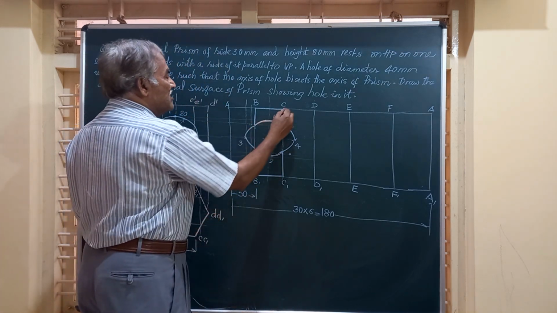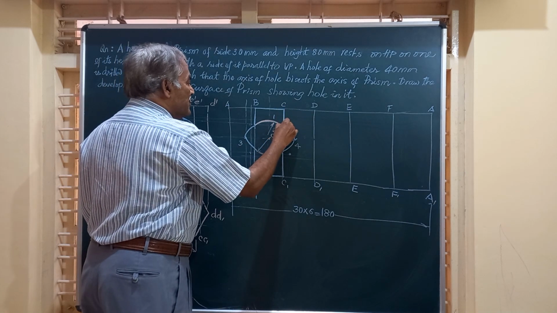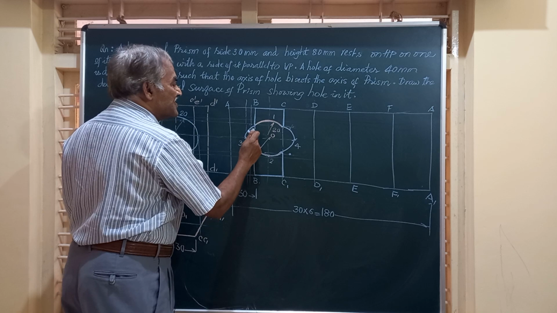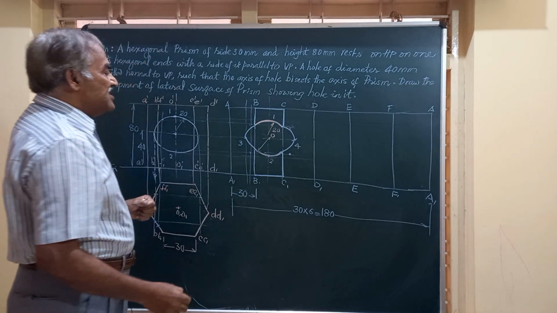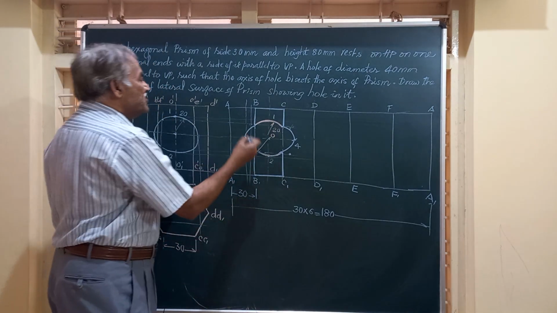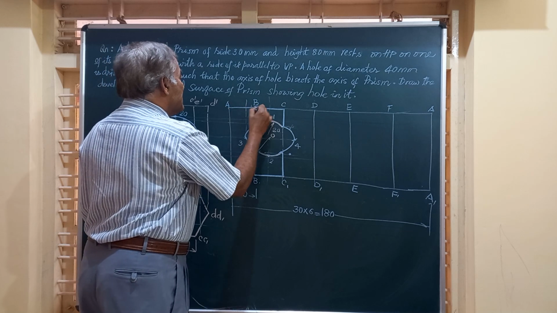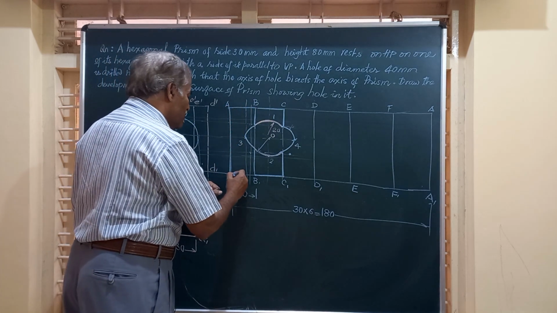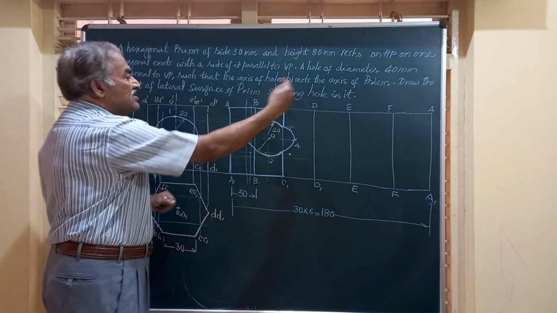Friends, here you have to darken only up to here, and this portion is removed, but you have to show it by thin lines. Friends, whatever the portion you are getting here, an exactly similar curve you are going to obtain for the other end.